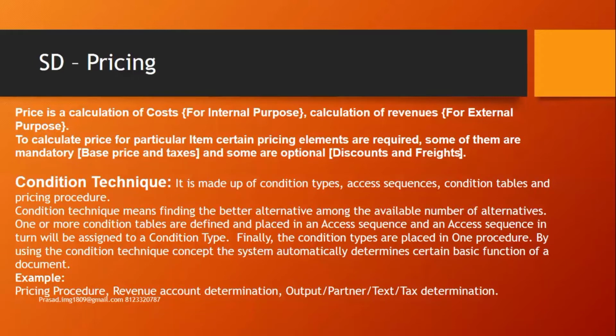For example, the base price will be there, and taxes also will be there. The output tax, like MWST, is a condition type that we are going to see. For example, if you purchase a spare part for any two-wheeler or four-wheeler in the automobile industry, a 28% or 18% GST is mandatory.